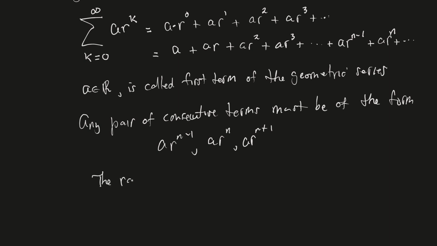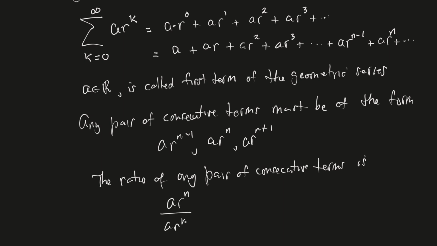So the ratio of any pair of consecutive terms is this. So let's take the ar to the n and then divide it by ar to the n minus 1. Well, how does this simplify? They have a common factor of a, right? So the a's go away, and so I have r to the n divided by r to the n minus 1.